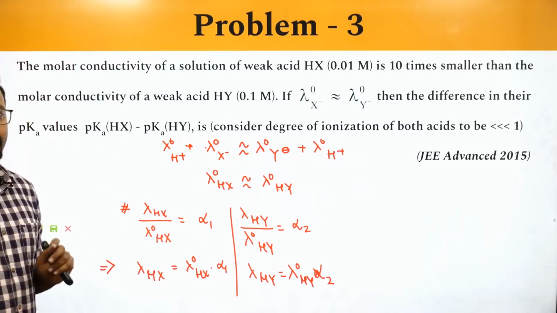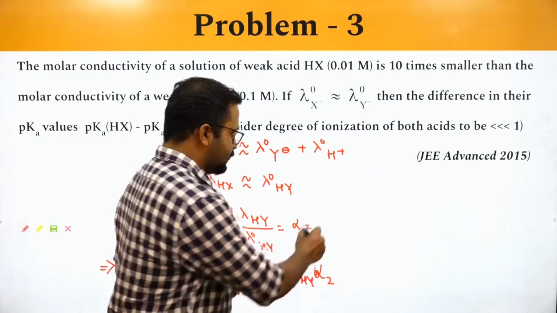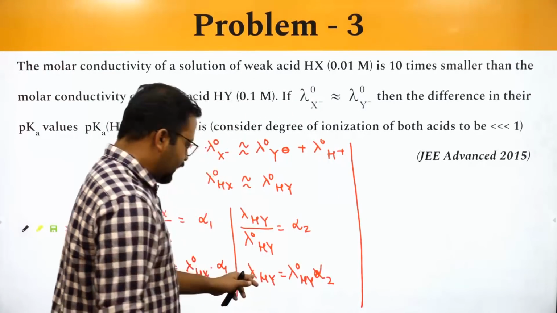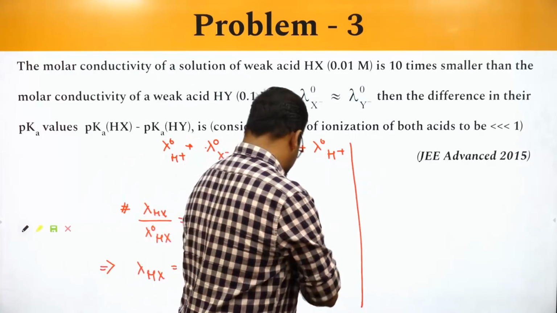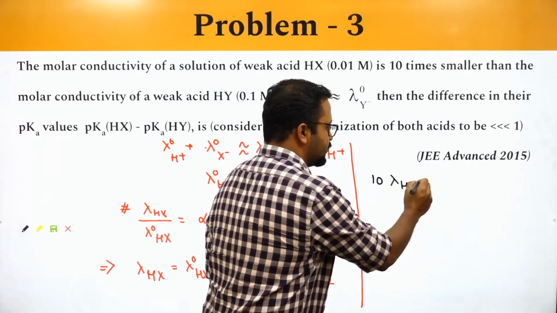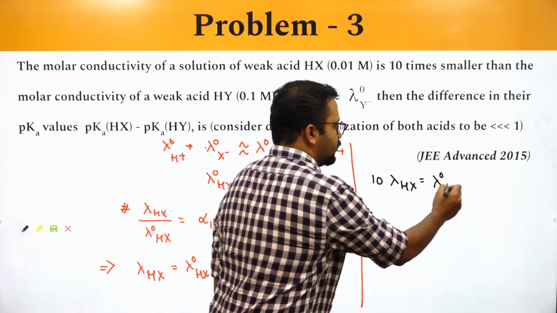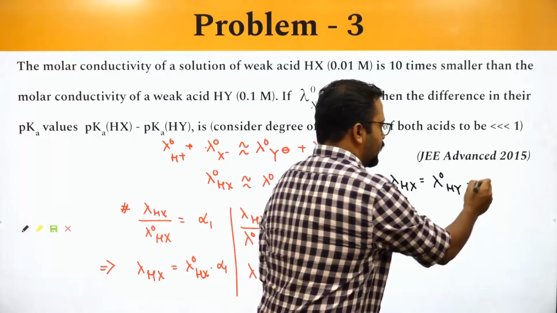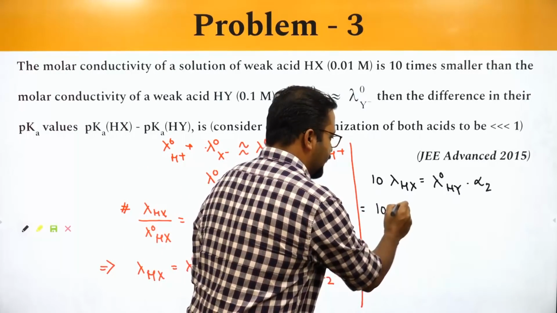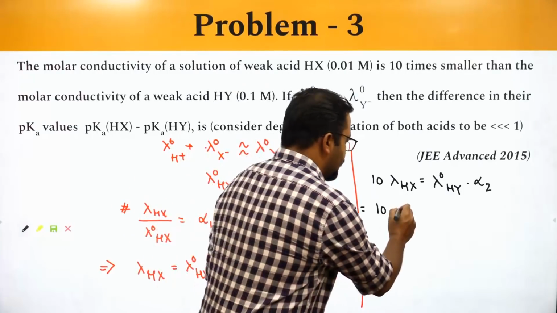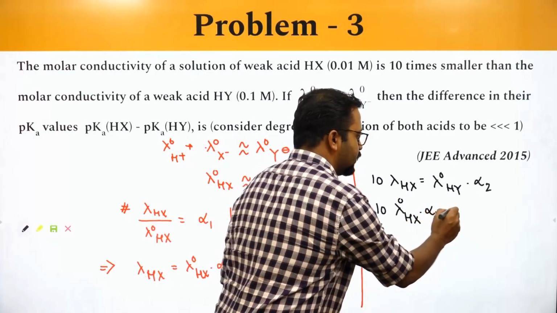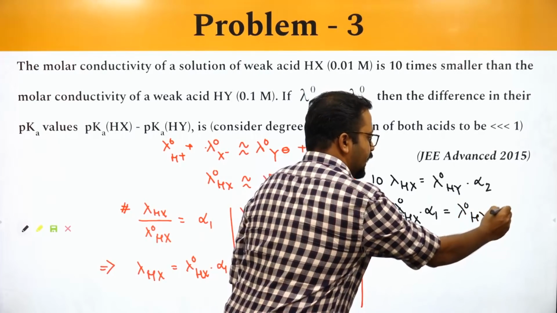So can I write this over here, that lambda hy can be written as 10 times lambda hx, which is equal to lambda naught hy times alpha 2, which can further be written as lambda hx can be written as lambda naught hx times alpha 1, which is lambda naught hy times alpha 2.